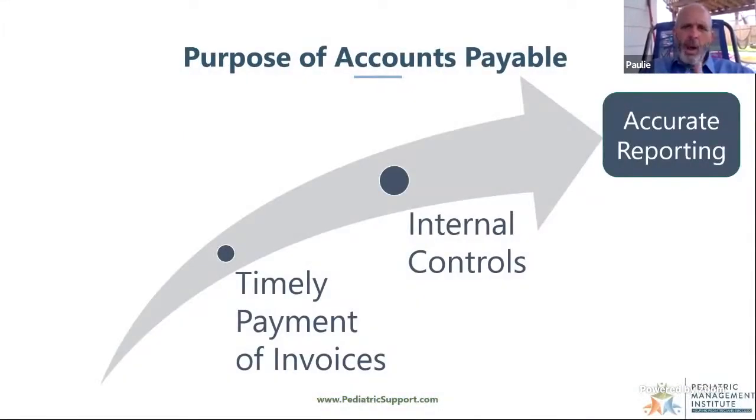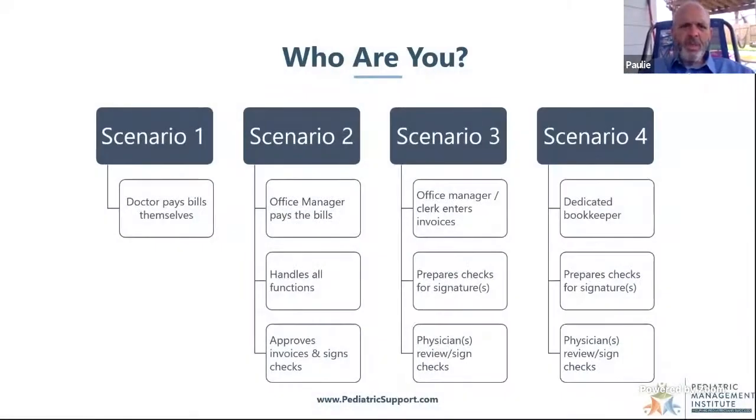And primarily, when I say accounts payable system, I'm thinking about QuickBooks, Peachtree, Sage, some of those other things as well. We're really using that system to make sure you pay your invoices on time, and also to have internal controls to make sure that people aren't spending money that you're not supposed to be spending. And we do it all in a way that generates some accurate reporting.